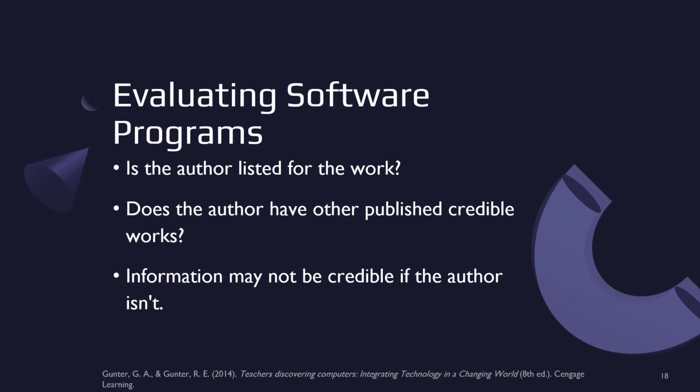You must also provide other works so that you are able to relate and compare and contrast different credible works from the same author. And also, the information may not be credible if the author isn't. So that is also why you would need to research the author and ensure that you are providing, reading through, and documenting all of the author's information and other works so that you are not using a non-valid article.